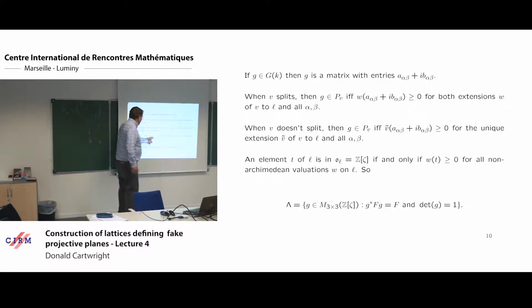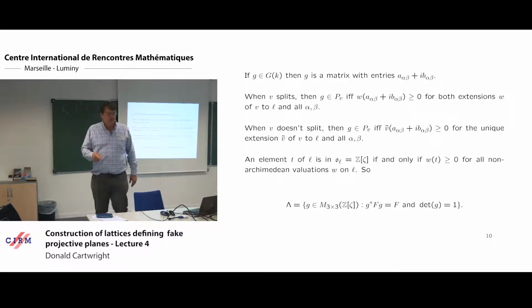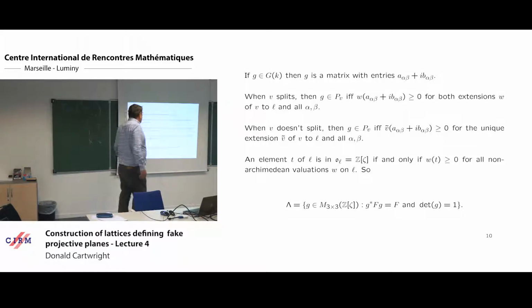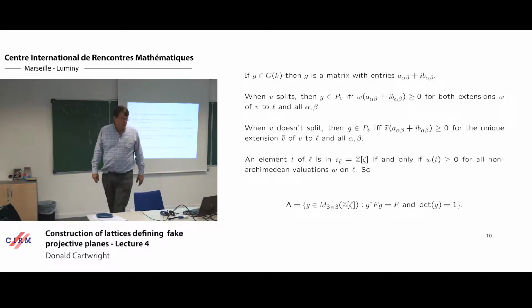Okay, so in short then, to be in lambda, you're dealing with 3 by 3 elements which have entries in Z of zeta, which are unitary with respect to F, and which have determinant 1. That's to be in lambda.